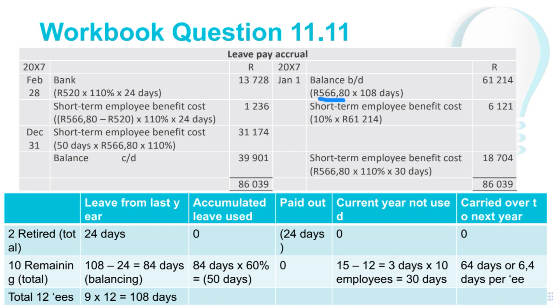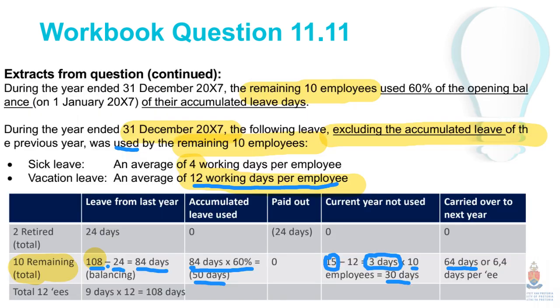We haven't applied it because there was no obligation. Remember that poll question we had? There was no obligation at the end of last year. So at the beginning of this year, there was still no obligation. But sometime on the 1st of January, how did we get 6.4 days? Well, we took the 64, which is this amount.